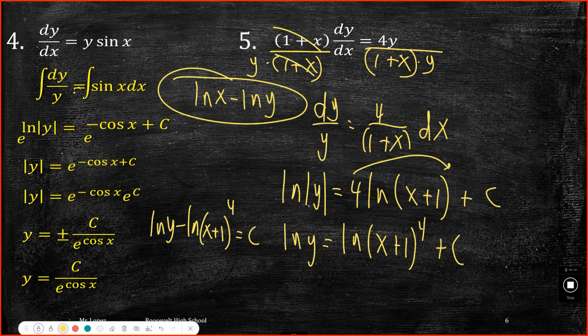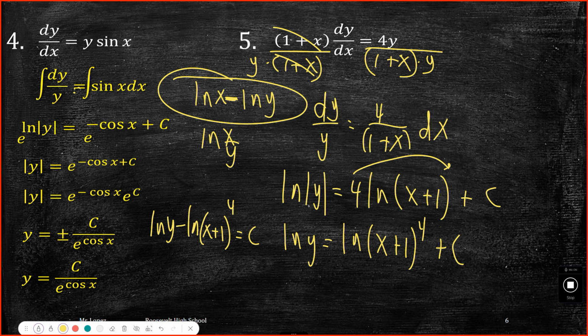You guys did take pre-calculus, no? When you have two logs, minus corresponds to divide. So ln x minus ln y is ln of x over y. So I'm going to use that property here.